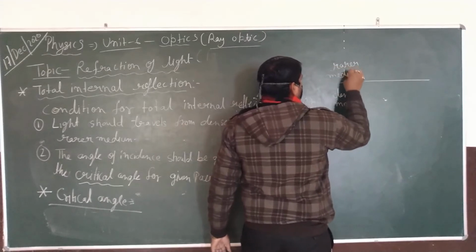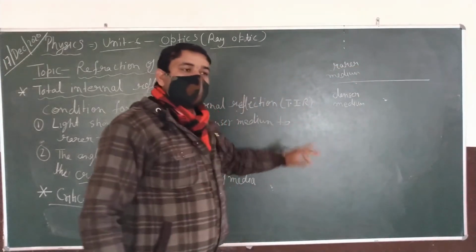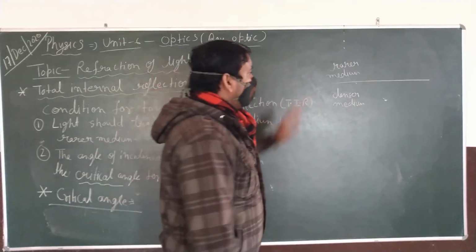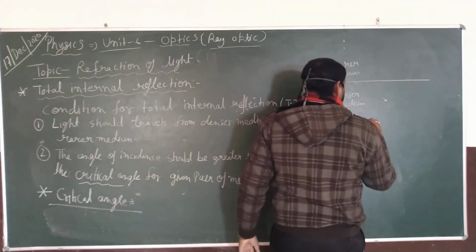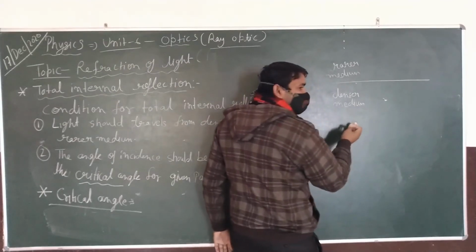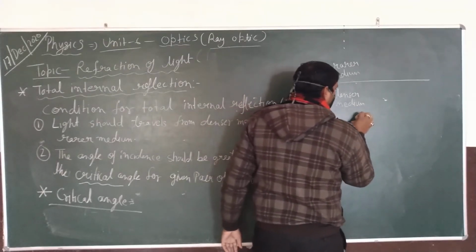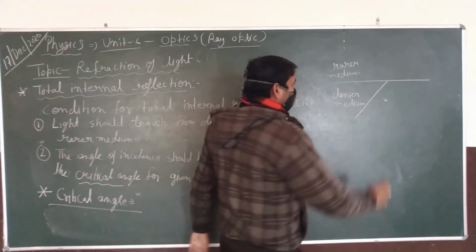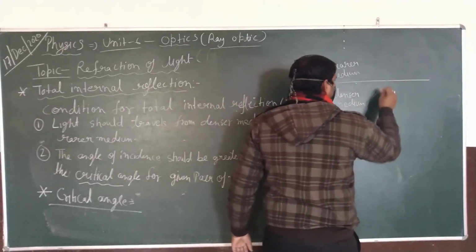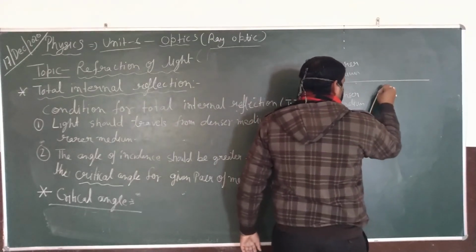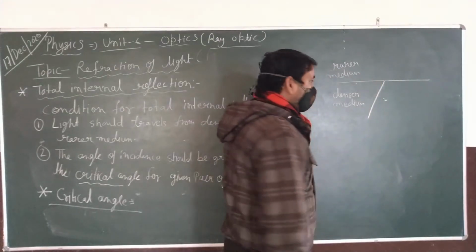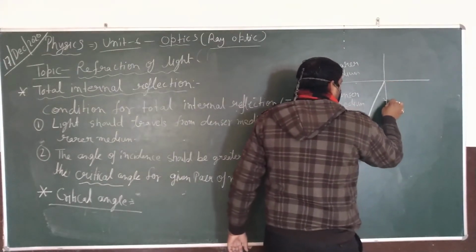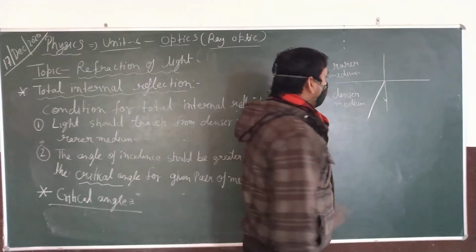As you learned in the apparent and real depth, here, if light is traveling from the denser medium as the first condition, like this, then it makes an angle of incidence with the normal.